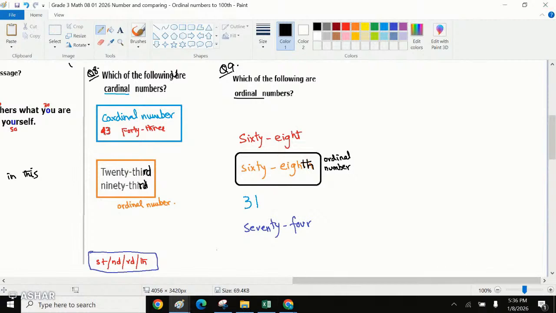Okay, let's do a few questions from the test. Let's begin with the test. Just a minute, please. I'm comparing ordinal numbers. It logged out. I'm just copying the first.